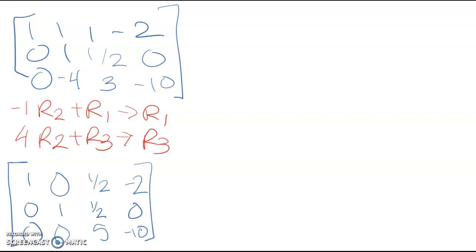Okay. Now I'm on to the third column. So now the third column, again, the first thing I need to do is get that 1. So I have 1/5 row 3 to replace row 3. Okay.